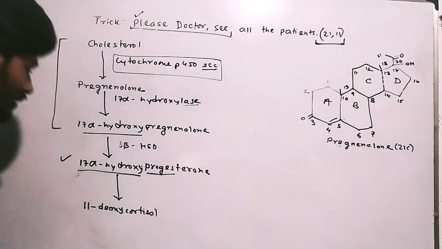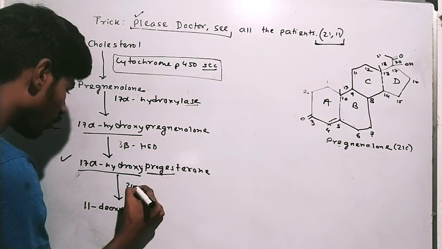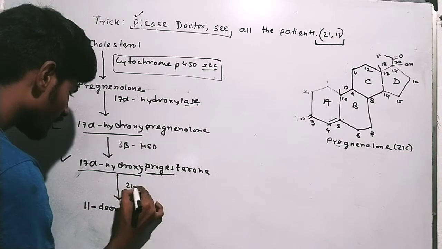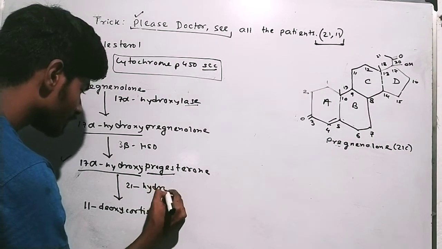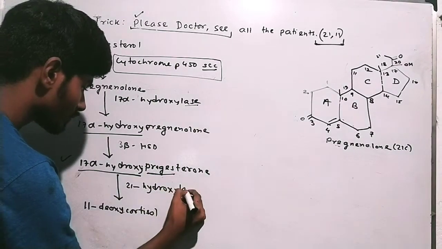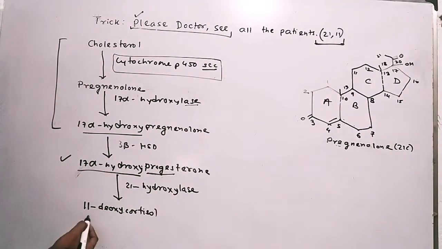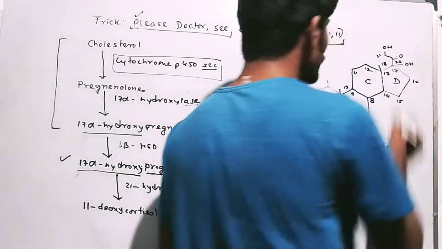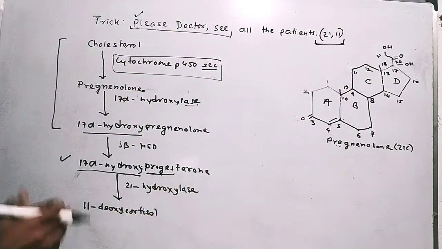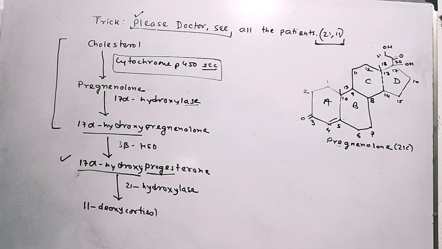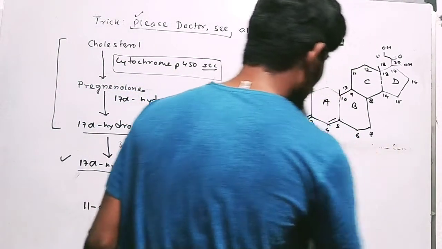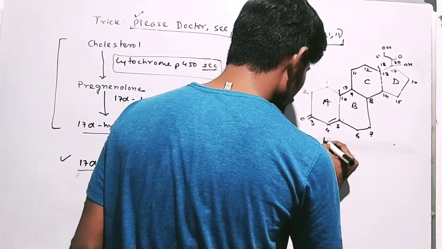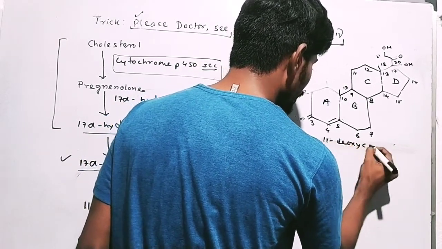The enzyme is the 21-hydroxylase. It introduces the hydroxyl group to the 21st carbon of this molecule, making 11-deoxycortisol.